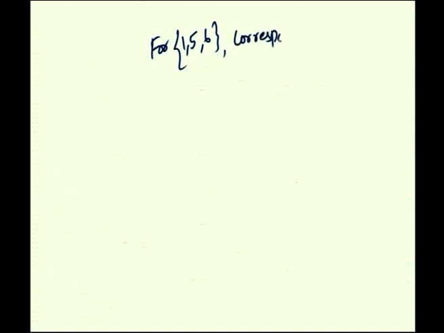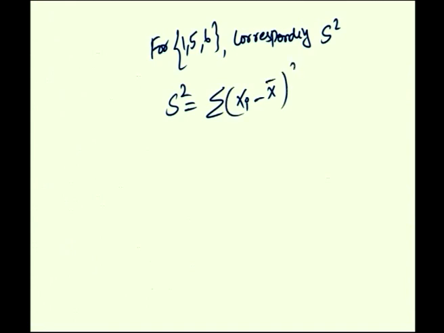First of all, for 1, 5, 6, the corresponding S square is calculated as S square is equal to summation xi minus x bar whole square, summation i is equal to 1 to n.